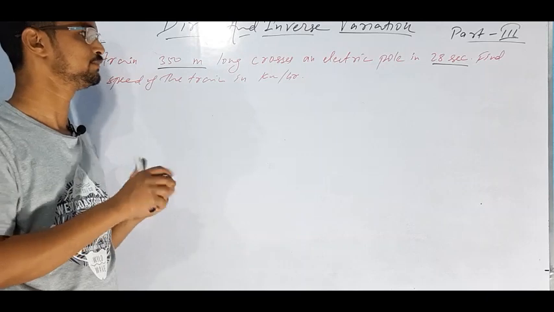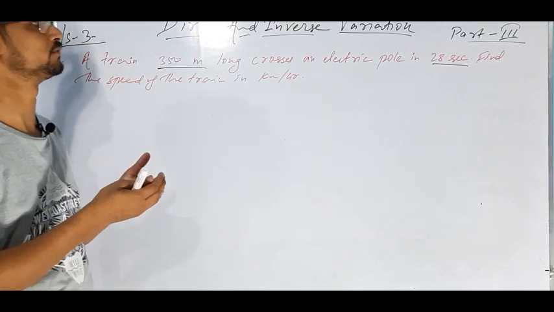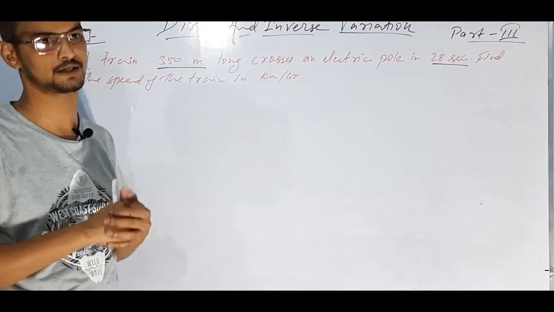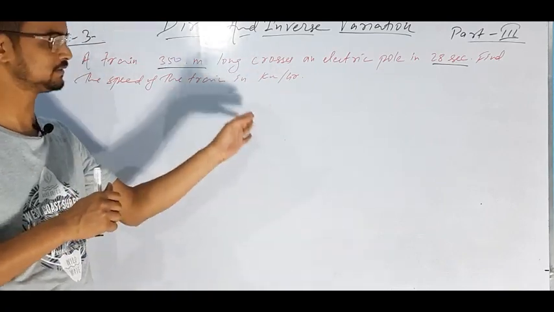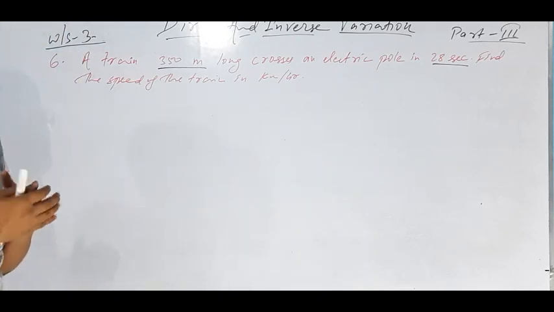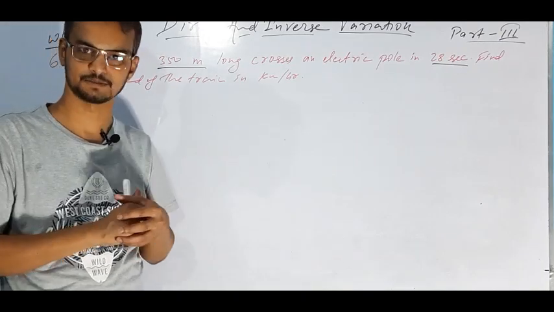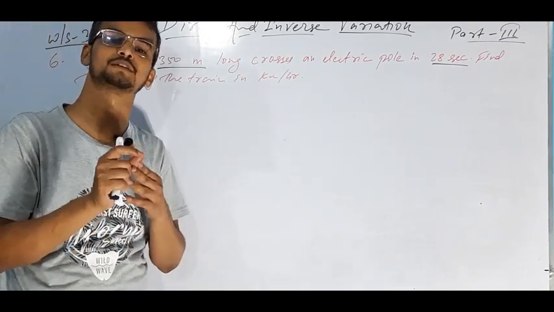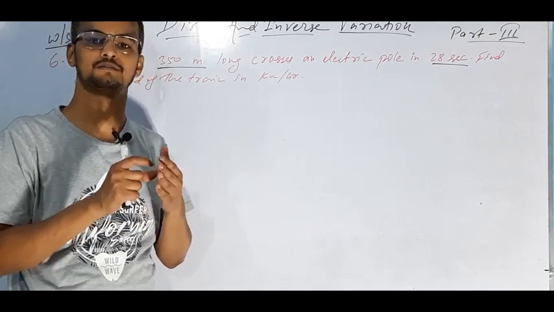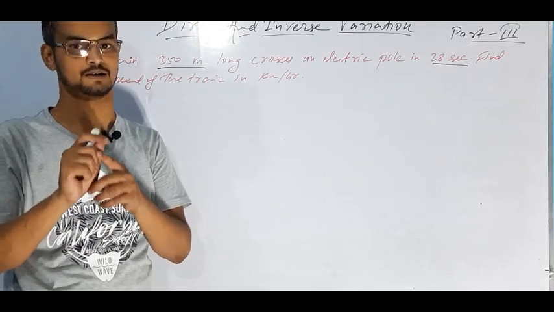Suppose we know that the speed of the train is in meter per second, then it is easy to convert in kilometer per hour. Now, how do we know the speed of the train in meter per second? The speed of the train, as discussed in the previous question, is something kilometer per hour. That means the train has travelled some distance in 1 hour.